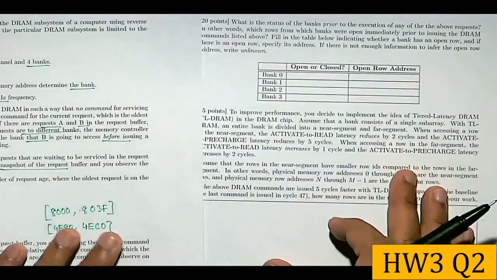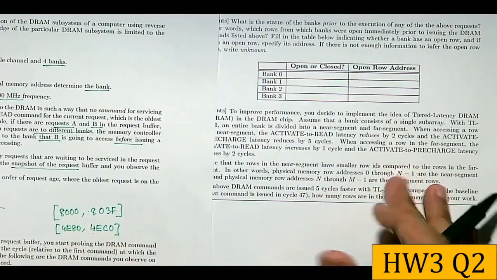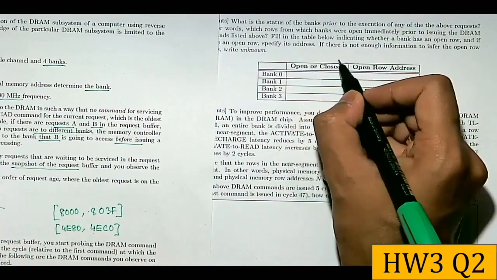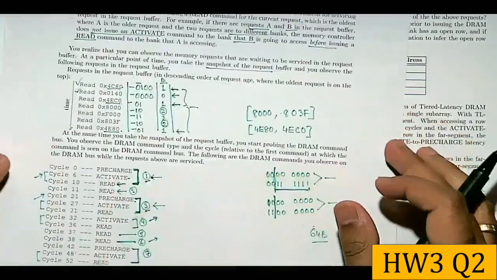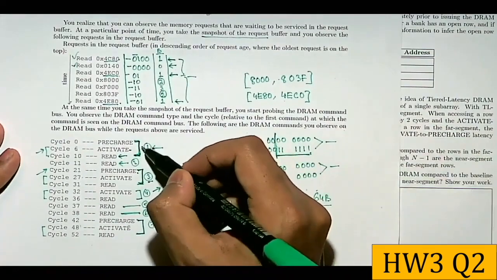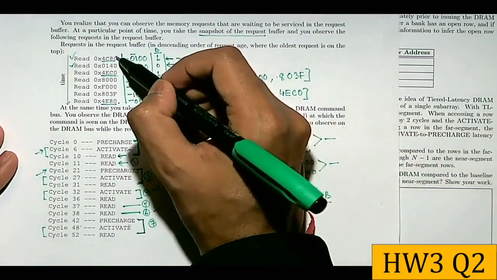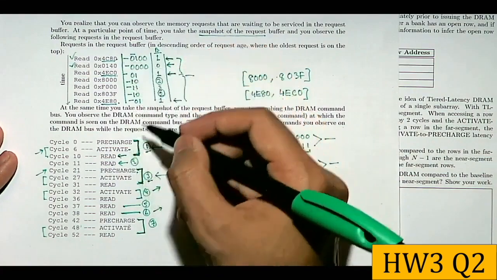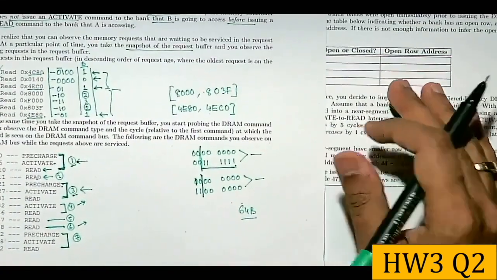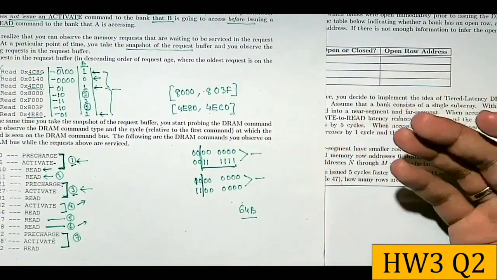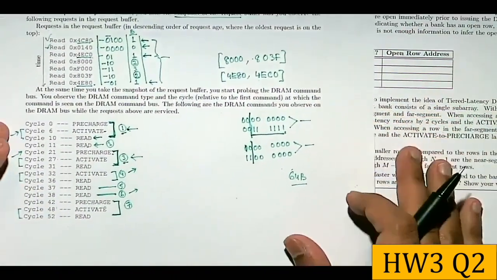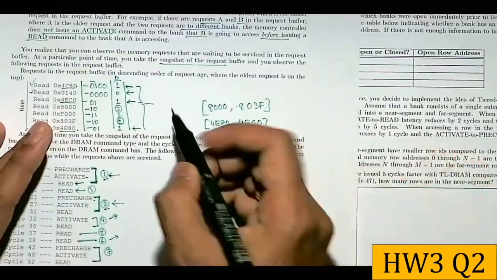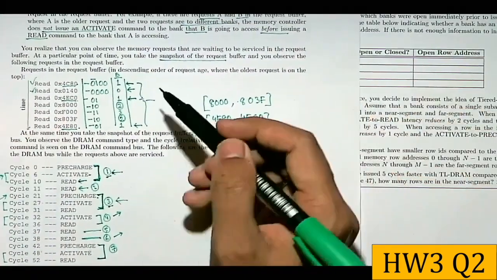Let's see. So now, let's say open and closed. The access sequence that you are generating for a request will give you the information of the prior state of that bank. Does it make sense? Okay. So now bank 0. Which access actually went to bank 0?